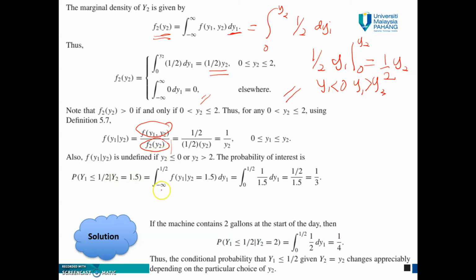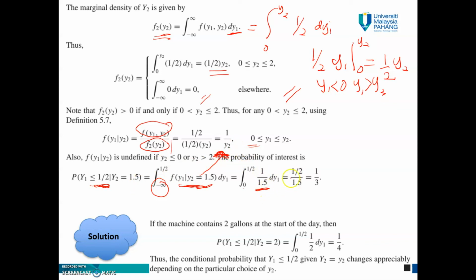So you will have this kind of function, integrating from negative infinity to half because y1 is less than half, but here you change to 0 because the limit is from 0. When y2 is equal to 1.5, you just substitute the value.